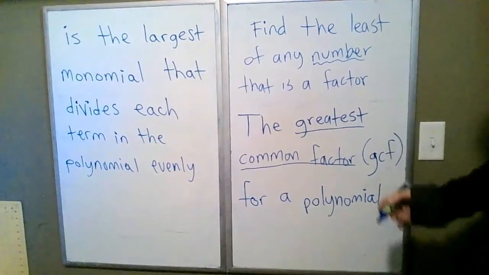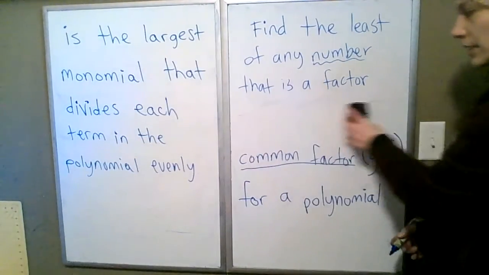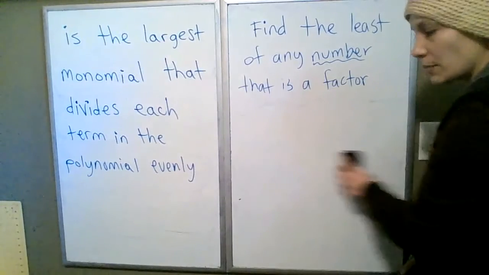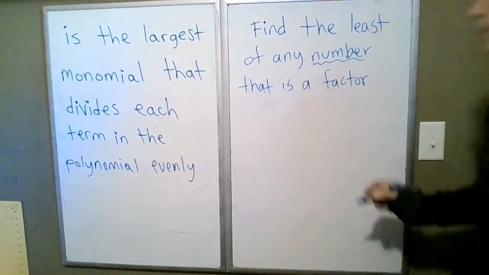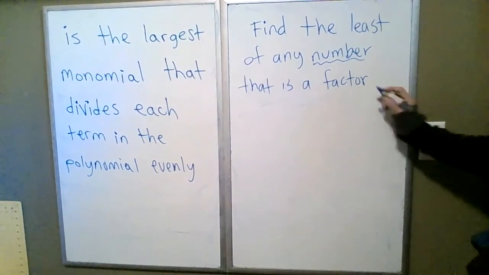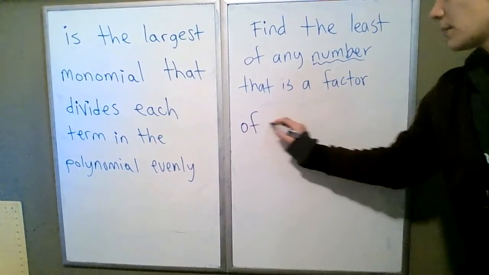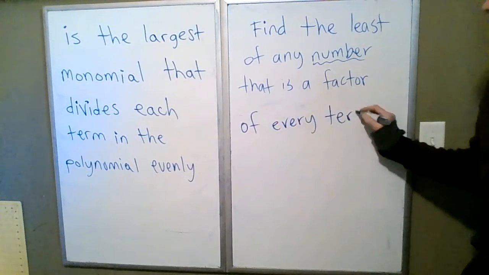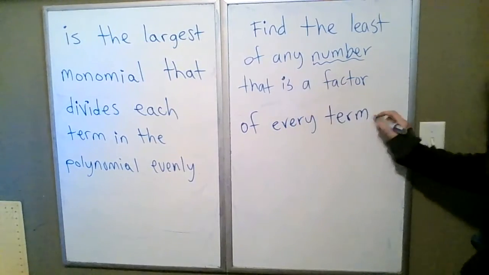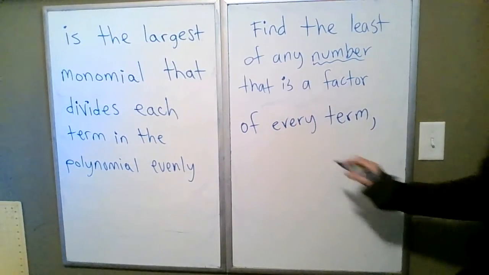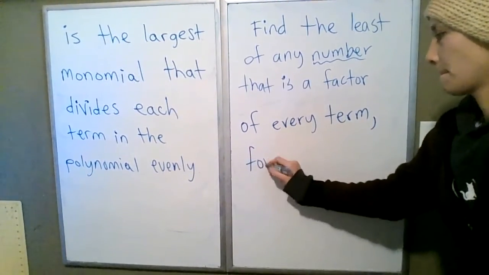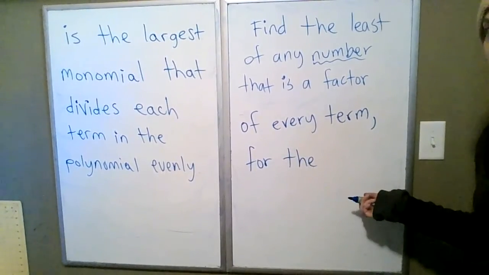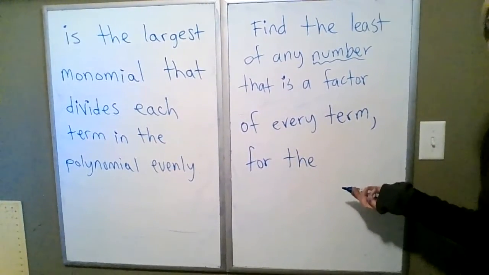And then you multiply those together and multiply with your variable. And for the variable, take the smallest power. It's not a very fancy way of explaining it, but I think a few examples will help.